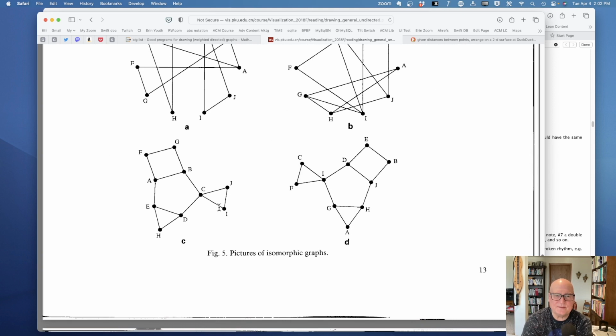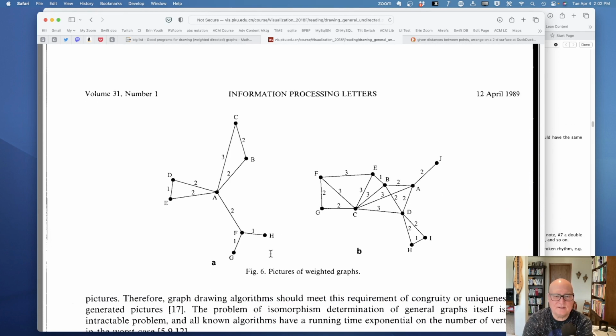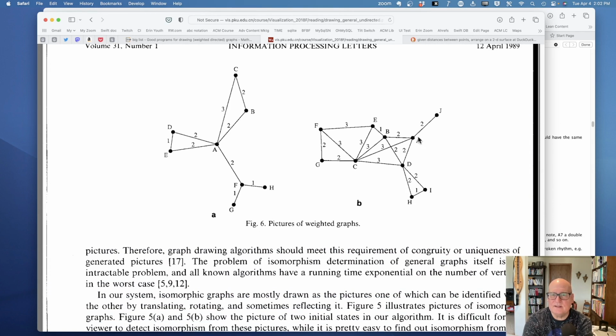Okay, so isomorphic graphs looking isomorphic, I guess. Okay, weighted graphs. Now these two, I think they have tried to approximate them a little bit. 2, 2, 3, right? That's not really right. The square root of 2 squared plus 2 squared is not 2 times the square root of 2.